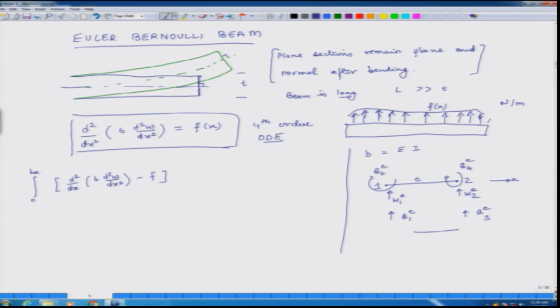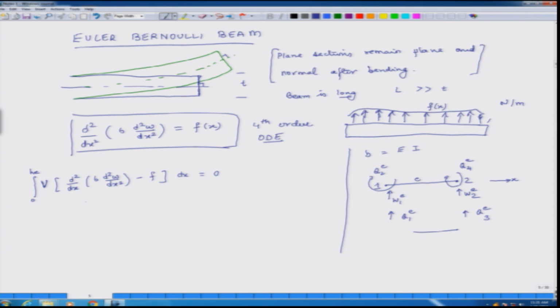If the solution was exact, this would be 0, but here we are looking at an approximate solution. I multiply by a weight function, and here I call my weight function V. Earlier we called it W, but in the context of beams W makes more sense in terms of deflection. So, I call it V, then I integrate it over the domain and equate it to 0.